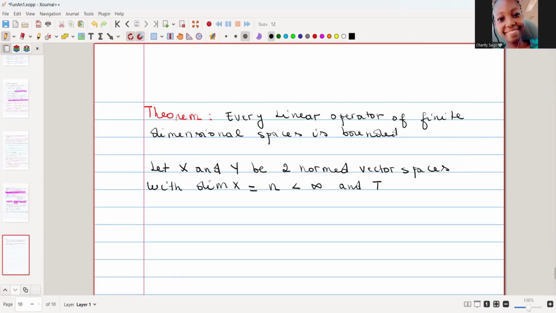And let T from X to Y be a linear operator.